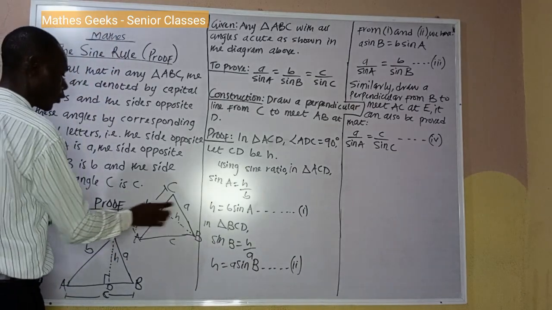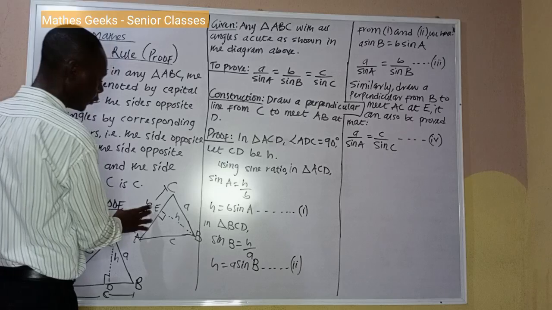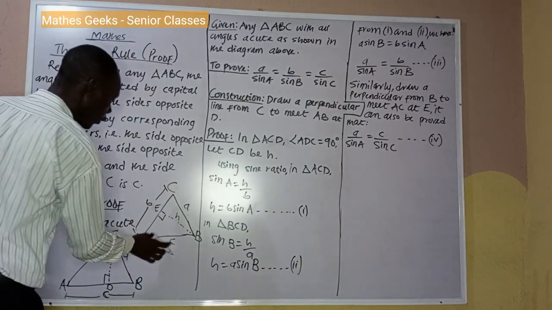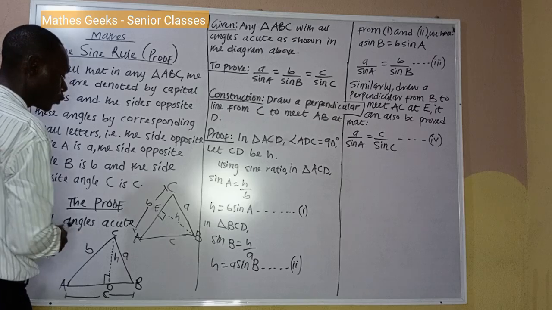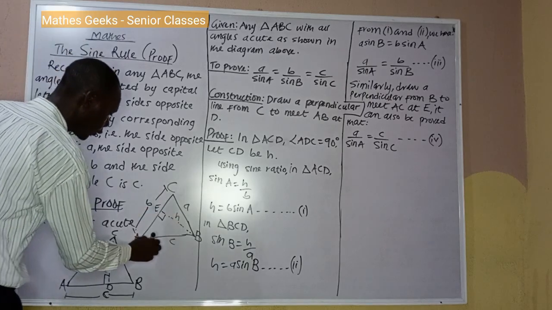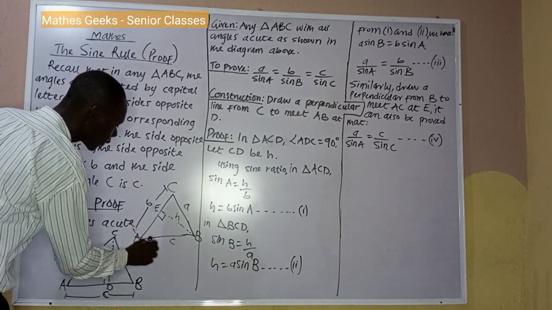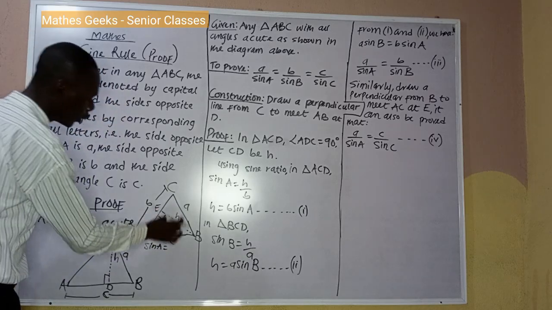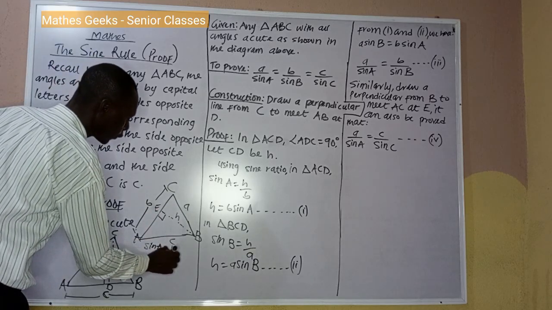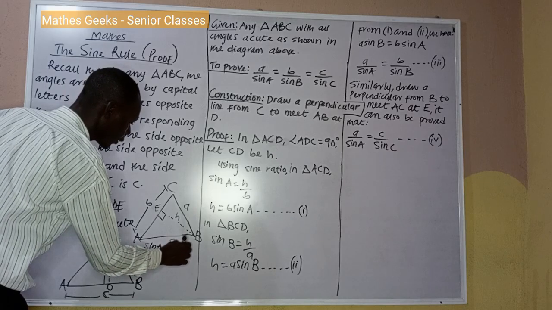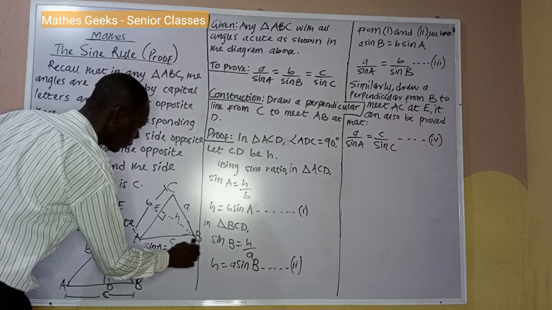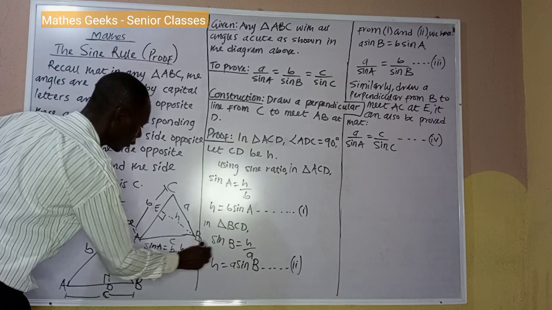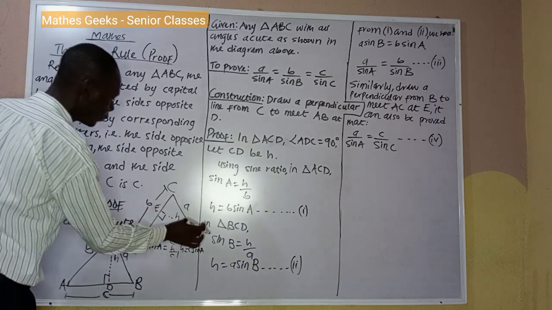From triangle ADE, using the sine ratio, sine A is equal to opposite H over C, which gives H equals C sine A.